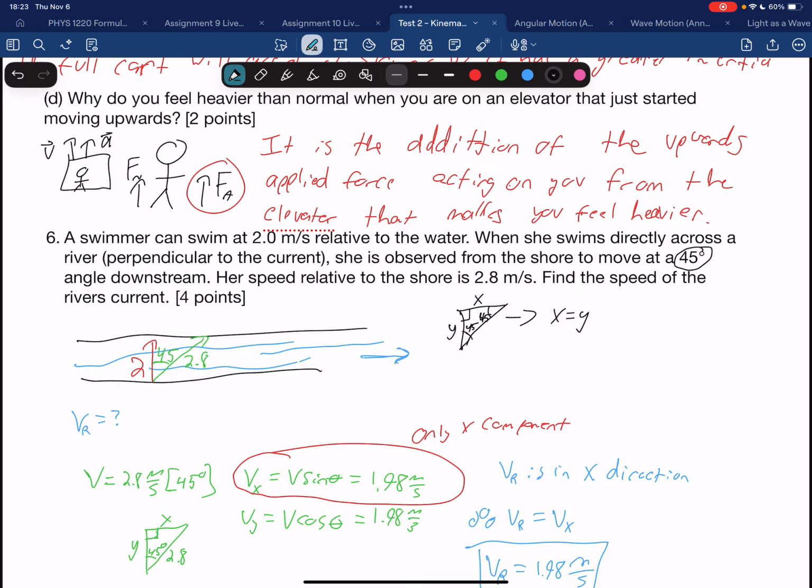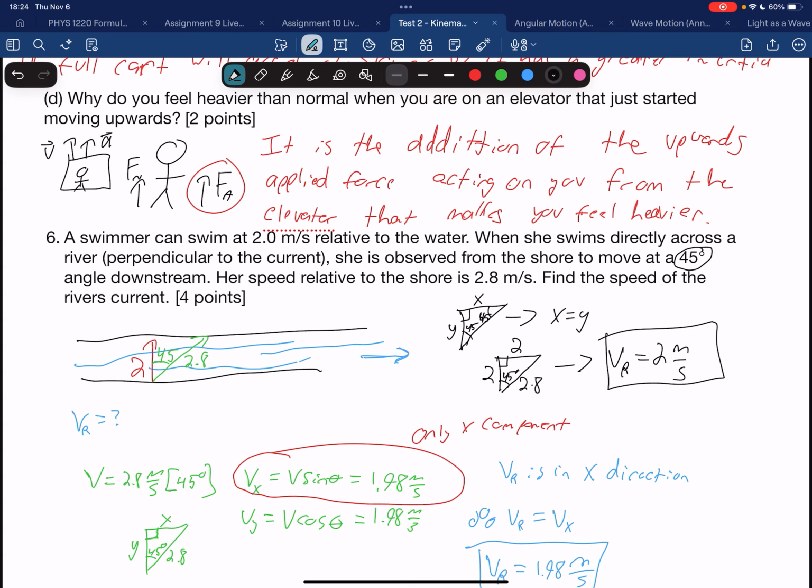They have to be equal. X equals y. In our problem here, you are given a triangle with these side lengths. Right off the bat, you know that the other side length has to be a 2. And from there, you can jump straight to saying that VR equals 2 meters per second.